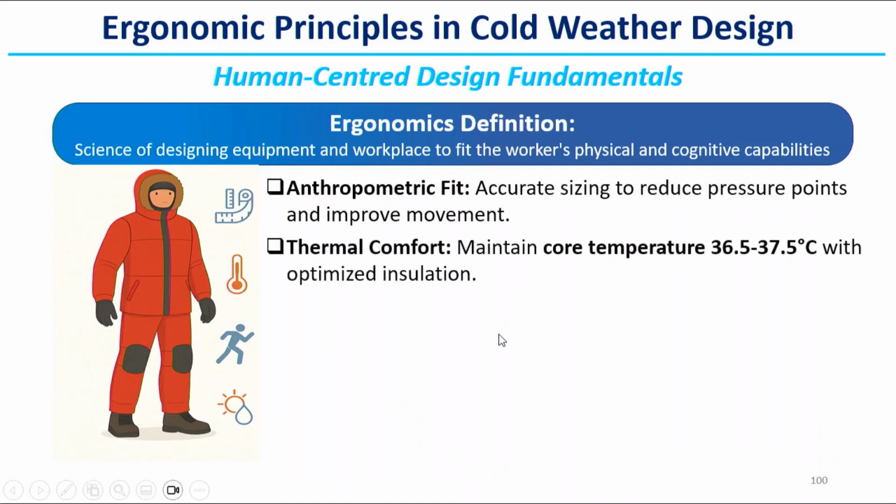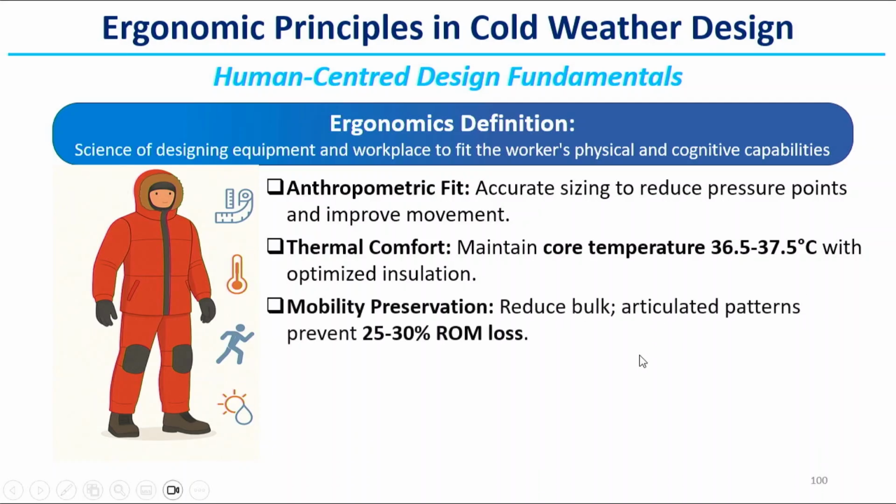And thermal comfort: maintain core temperature around 36.5 to 37.5, with optimized insulation, and it should preserve the mobility. It should not restrict the body movement by increasing the bulk. So, it should reduce the bulk, with an articulated pattern.